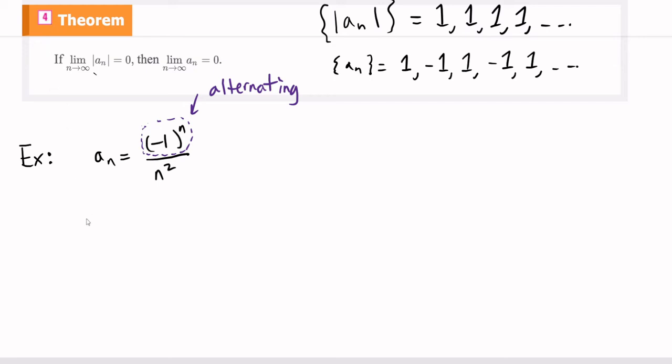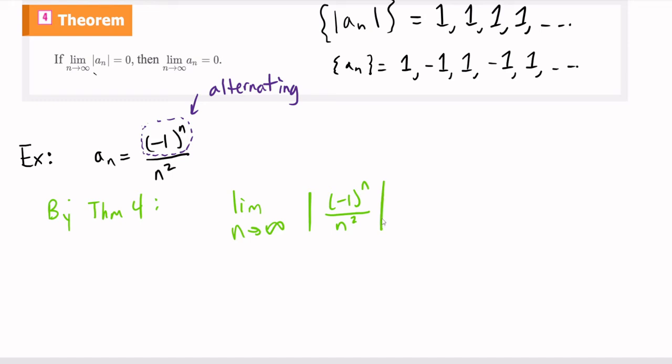So by theorem 4, we can focus on the limit as n goes to infinity of the absolute value of our sequence. So theorem 4 says we can focus on this now. Okay, well, what's this going to be?